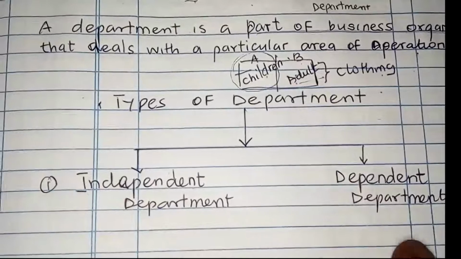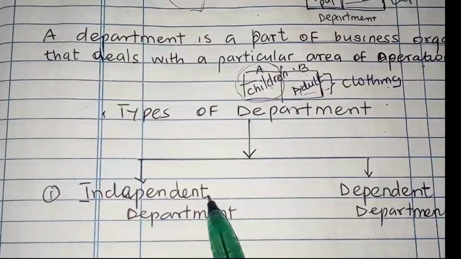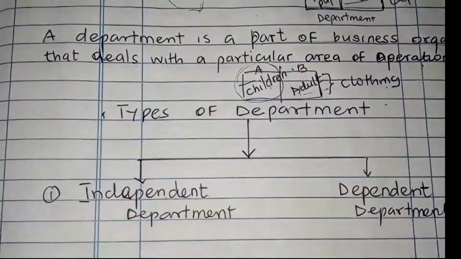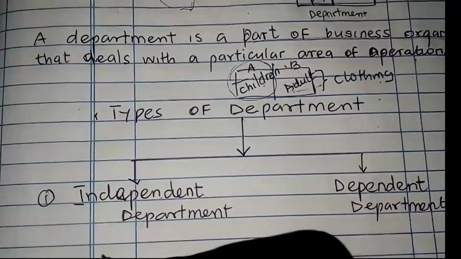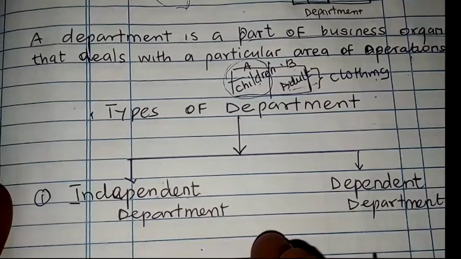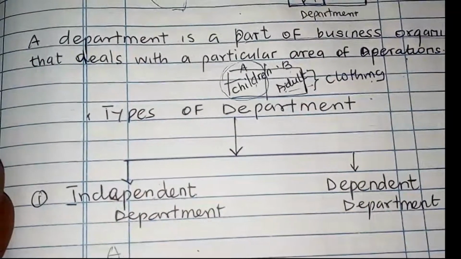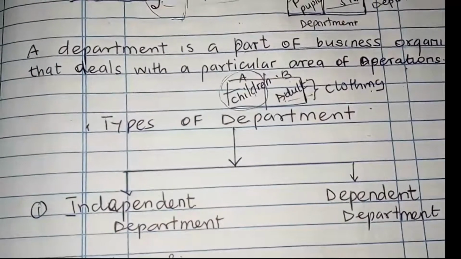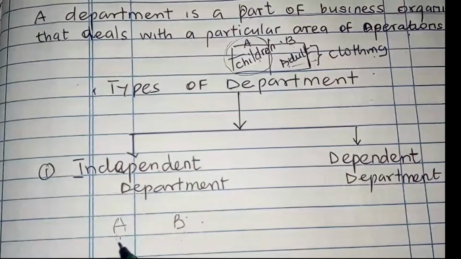So the finished goods here may be raw material to Department B. So Department B will now complete the goods in terms of production. Are you with me now? That is what we call a dependent department. Write it down: a department whose activity is affected by the other departments. They depend on the other department.